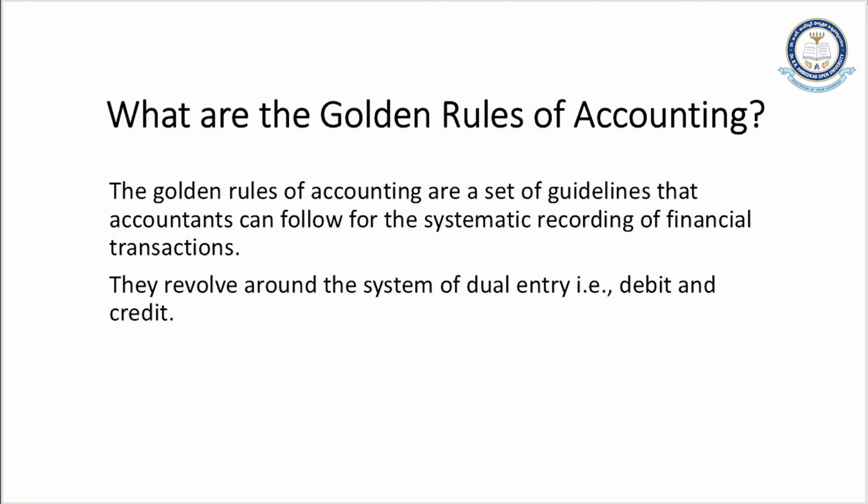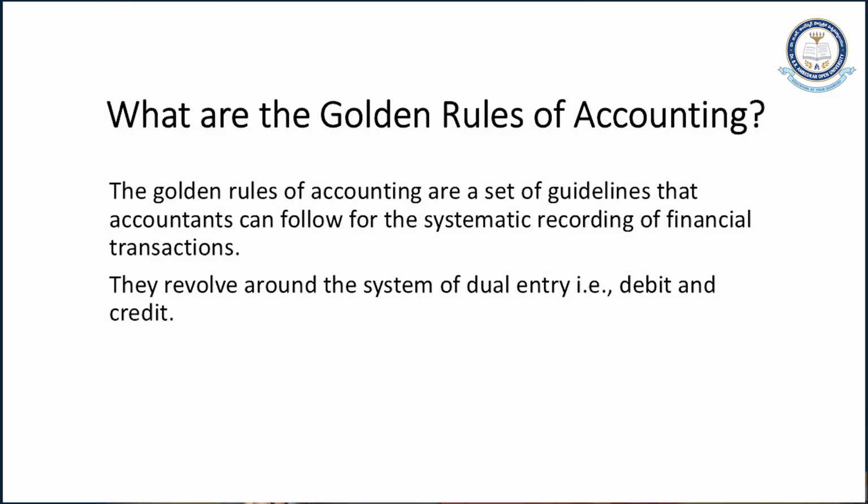Let's go quickly through what we have learnt about the golden rule of accounting. What is the golden rule of accounting? It is a set of guidelines that accountants follow for systematic record of all the monetary and financial transactions. And it follows the concept of debit and credit.